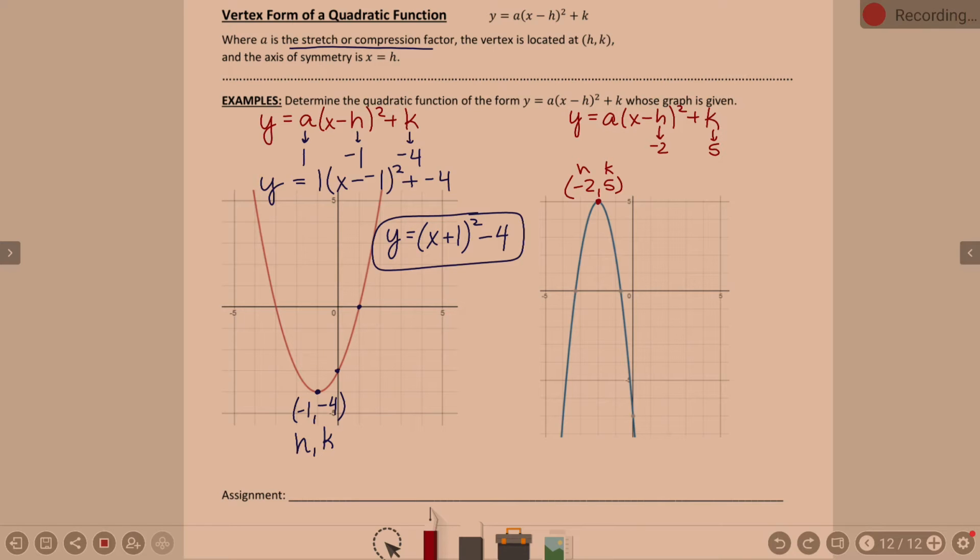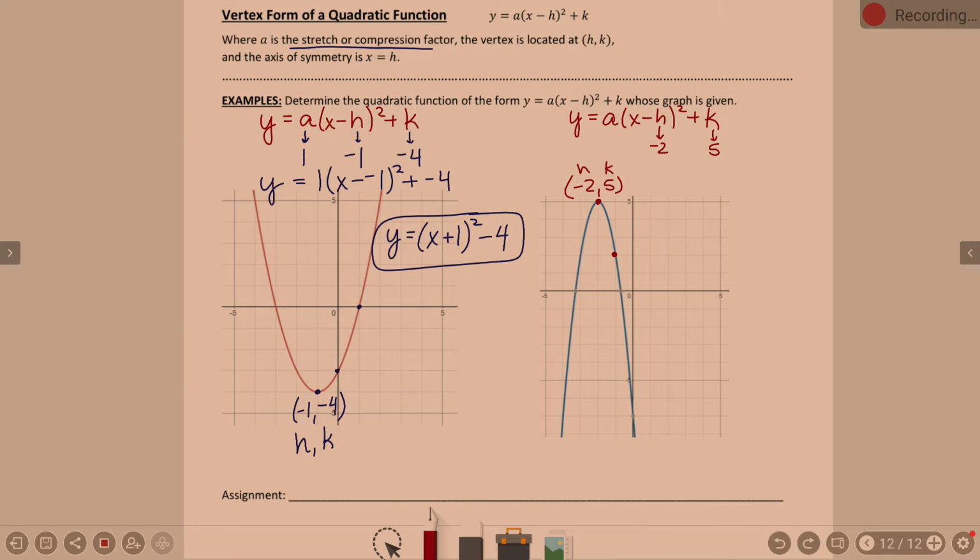Okay. Now, for a, is there some kind of stretch or compression this time? Yes, because I can't just go over 1 and then, in this case, down 1. I have to go down. I think it's down 3, isn't it? Yeah. Before I actually hit a cross point. Now, when you're going over 1 and then up or down 3, a whole number, this is going to be a stretch, right? It's making it taller, skinnier.